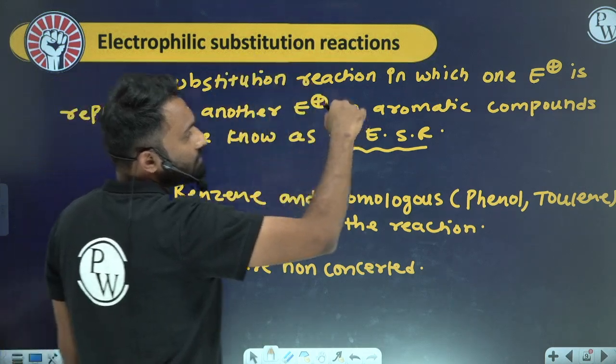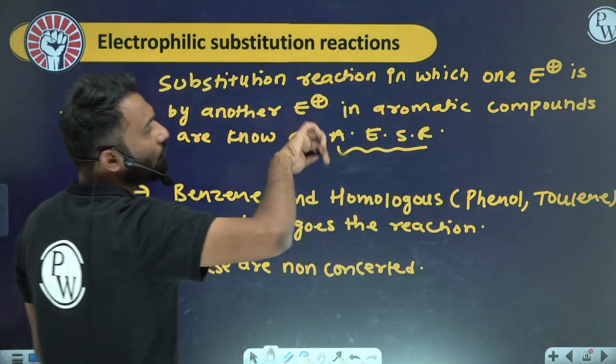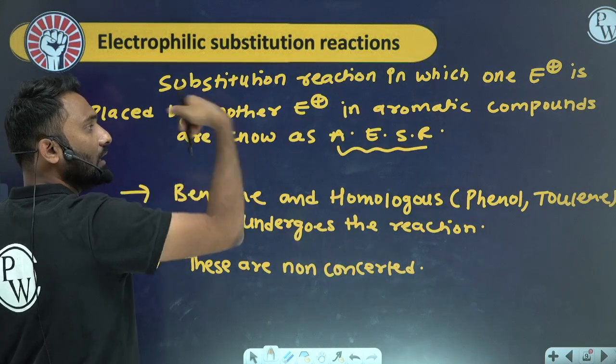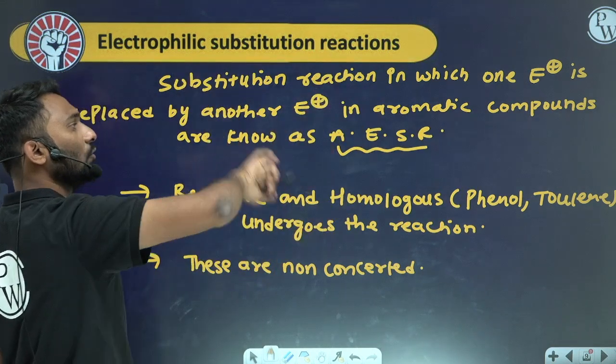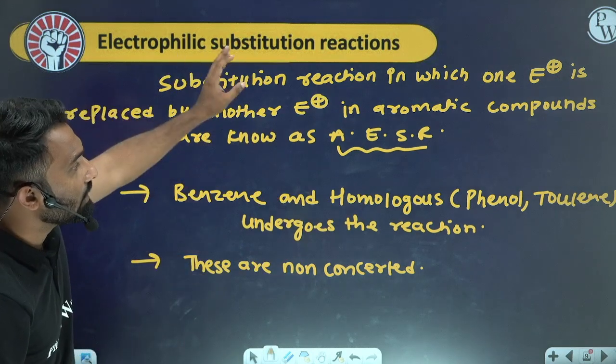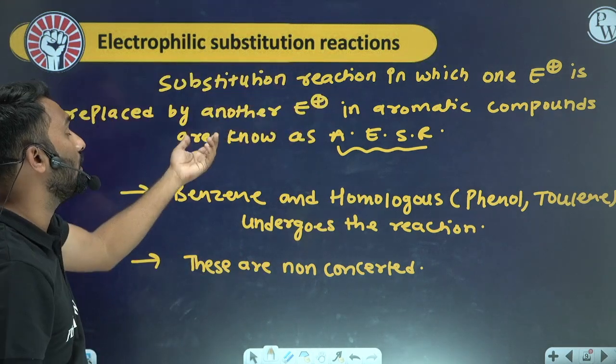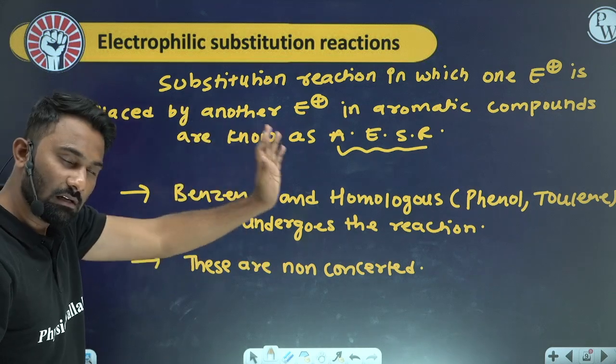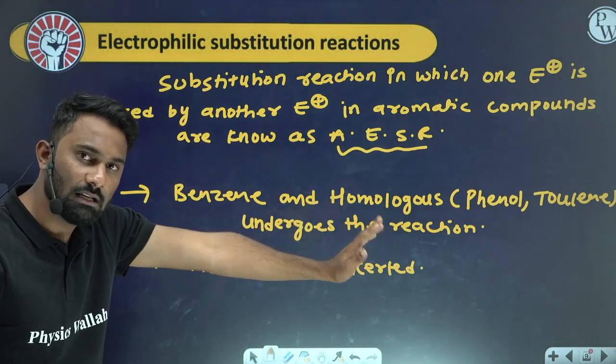Substitution reaction means one electrophile is replaced and another electrophile is added, which we call an aromatic electrophilic substitution reaction. I will explain it clearly in the upcoming slides.